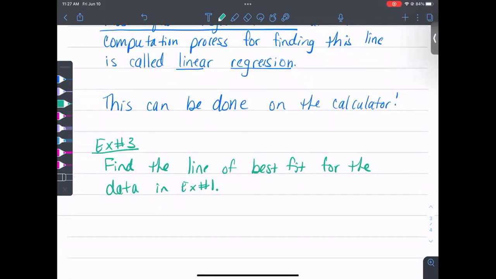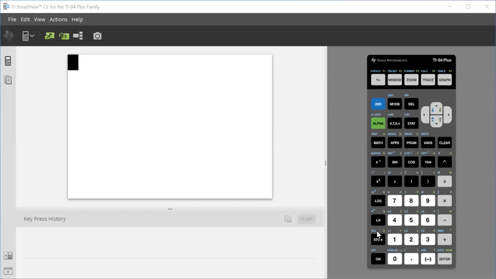Okay, so for this, rather than use the calculator on my iPad, I'm going to switch to one on my computer that matches the model that you have a little bit better. So let me do that switch here. Okay, so this should look very similar to the calculator that you have.